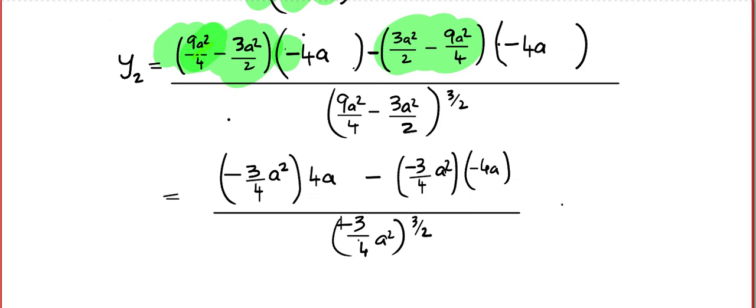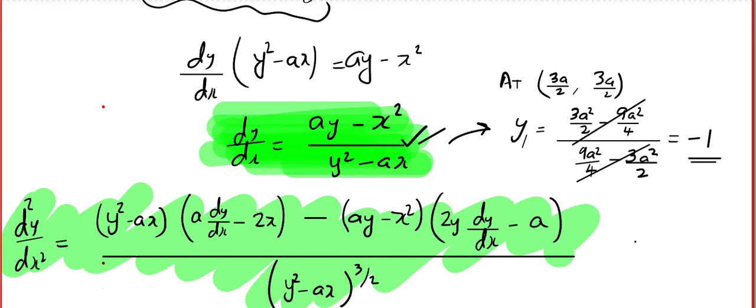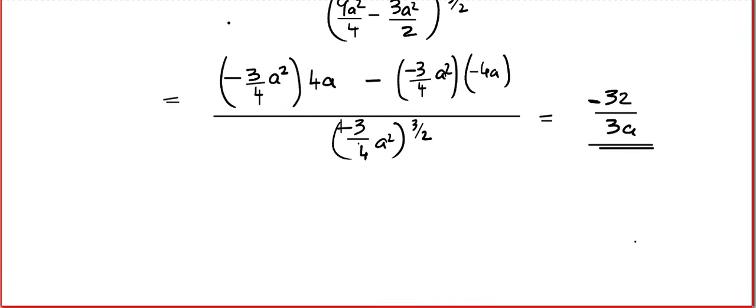Okay, and on simplification, I'm not going to waste your time. You can try to simplify. You will get minus 32 divided by 3a. So that's it. We got y1 as minus 1 and y2 as minus 32 divided by 3a.